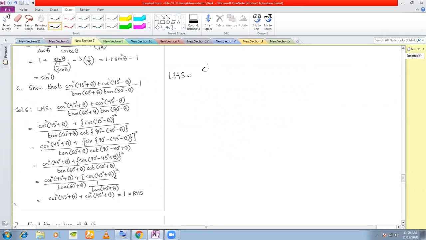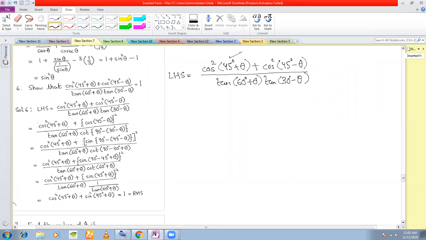Cos square of 45 degree plus theta plus cos square of 45 degree minus theta, divided by tan 60 degree plus theta times tan 30 degree minus theta. This you have to show is equal to 1.